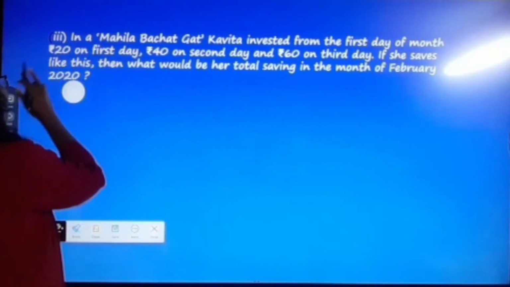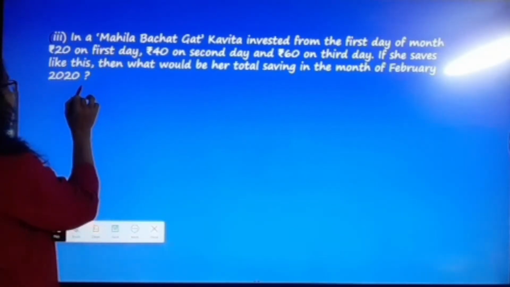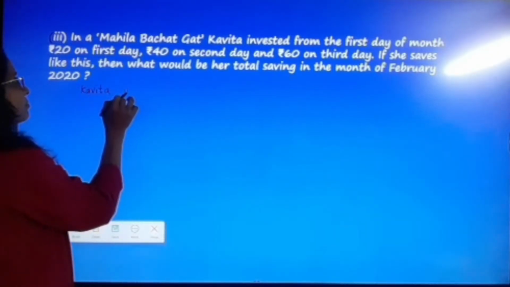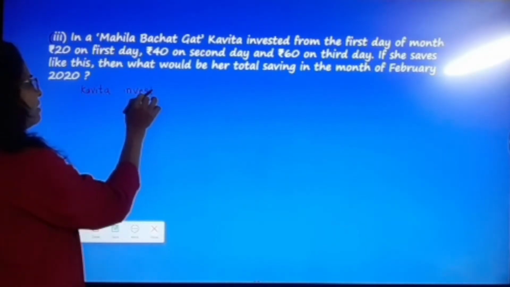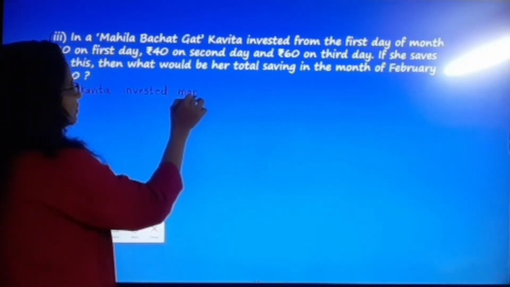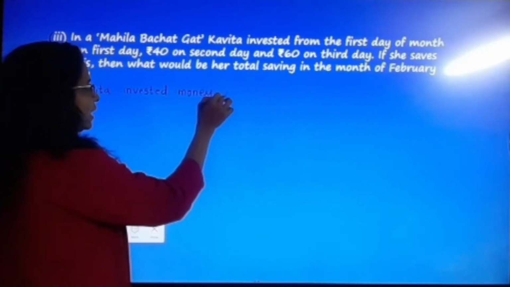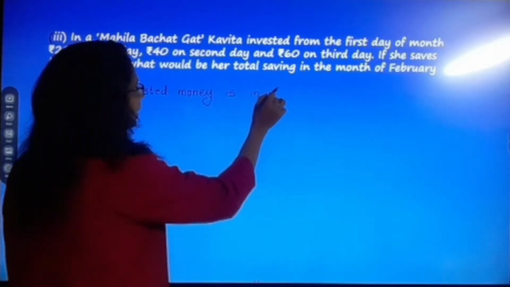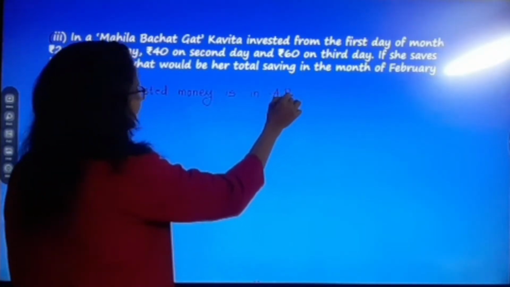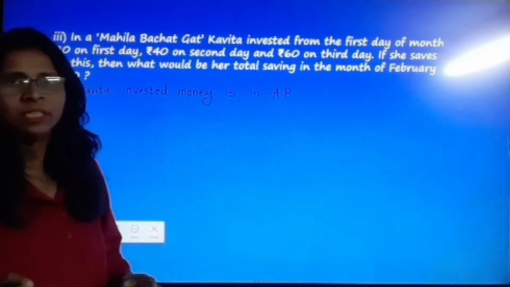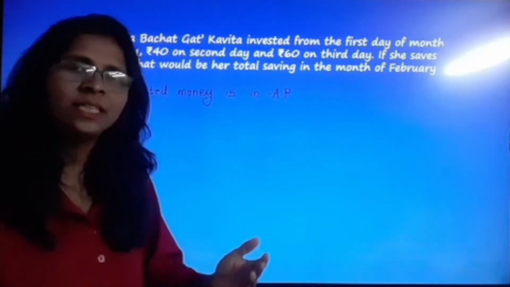Here first I write the Kavita's investment. The Kavita invested money is in AP. Kavita's investment is in AP.